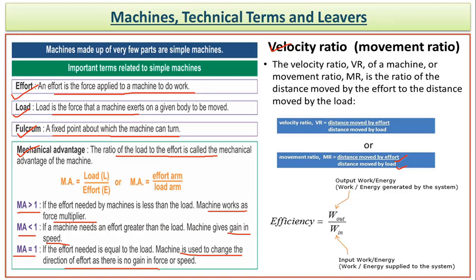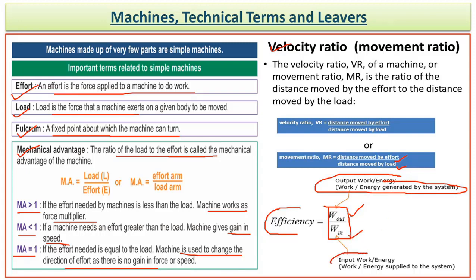With this, you also have to understand efficiency. What is efficiency? Efficiency is a simple calculation of work output with respect to work input. What is work output? Work output is the work done by the machine, whereas work input is the work which we do on the machine.